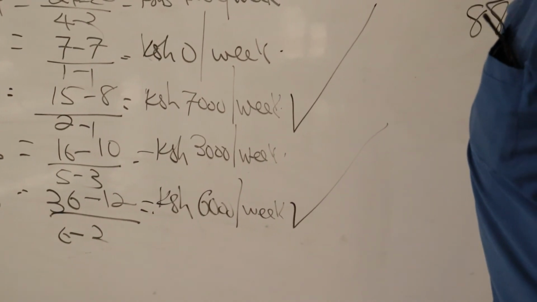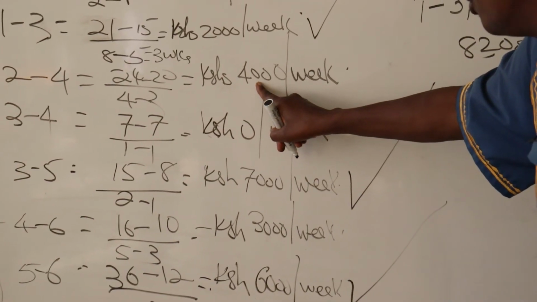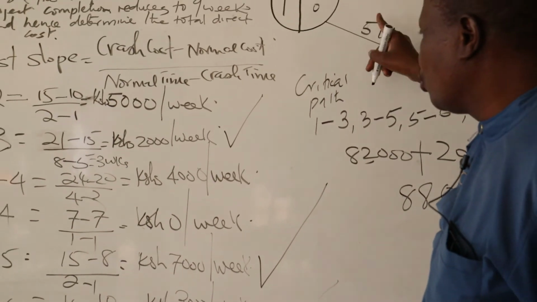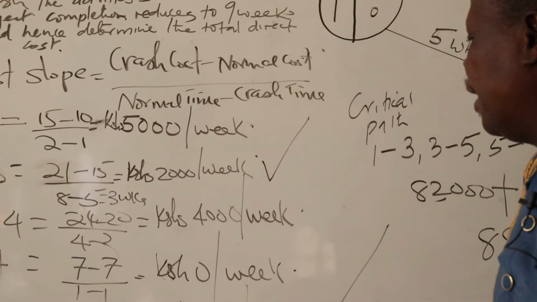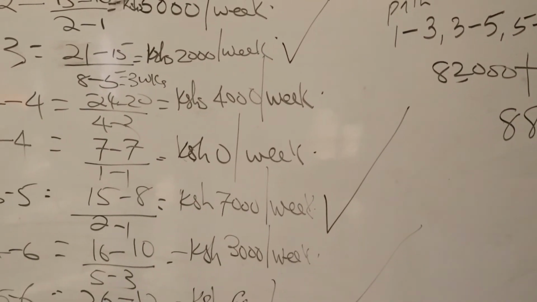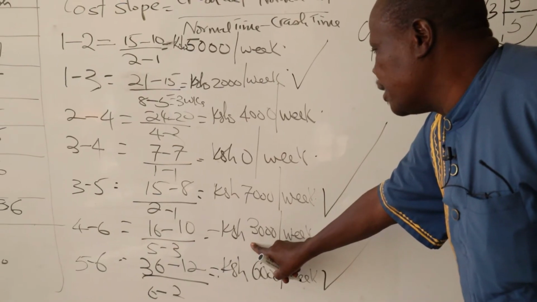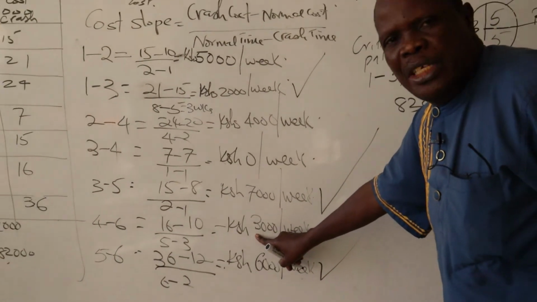Then 2 to 4 has a cost slope of 4,000. Then 1 to 2 has a cost slope of 5,000. Therefore, out of logical necessity, we must crush activity 4 to 6 because it is along the critical path and it has the lowest cost slope.